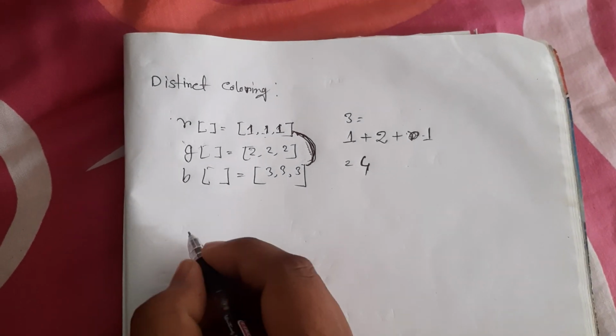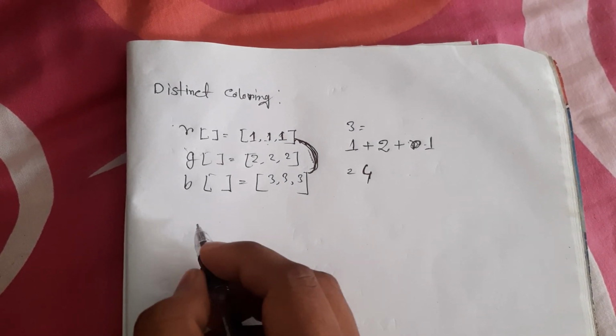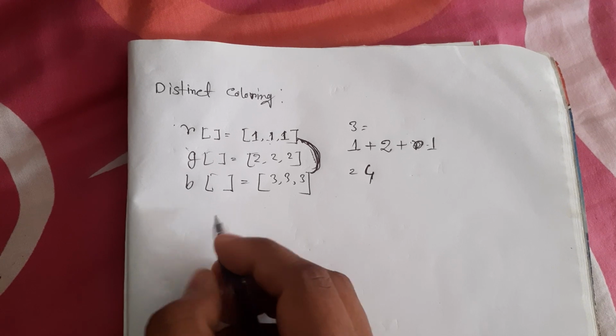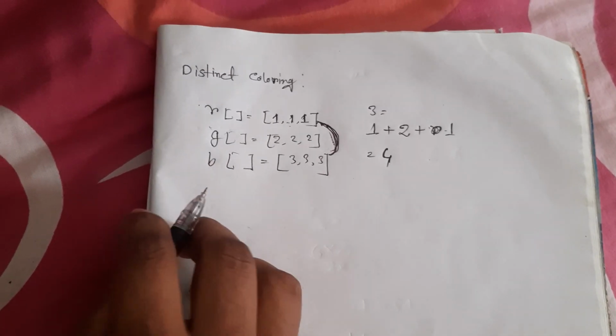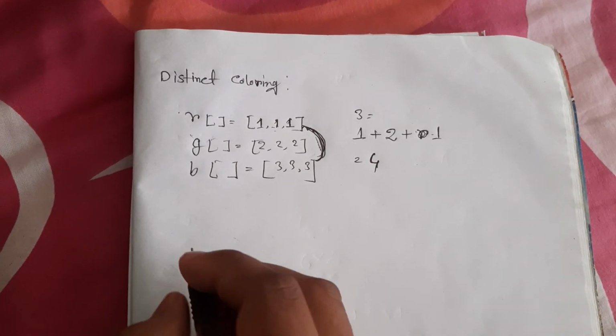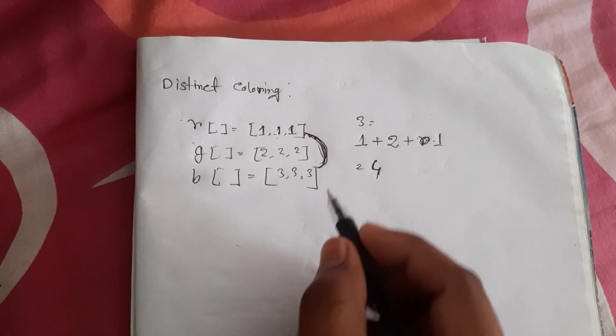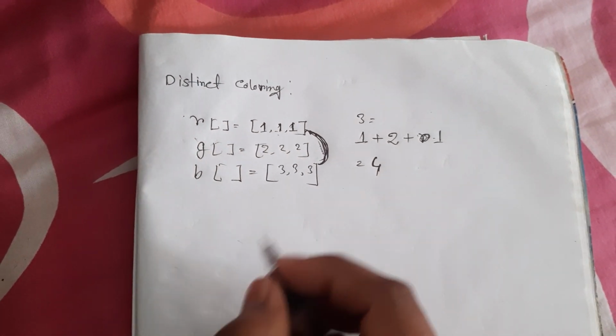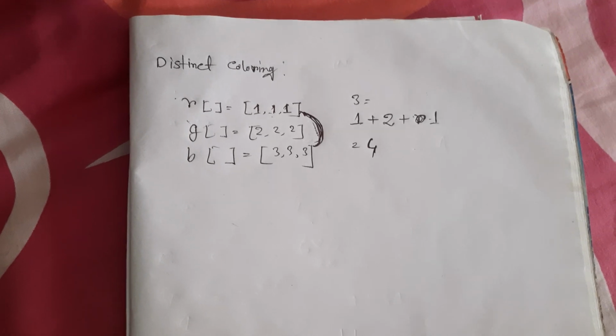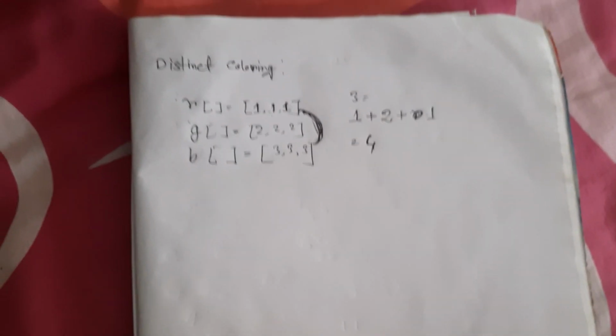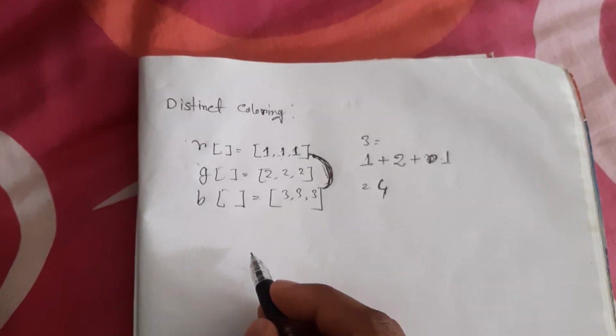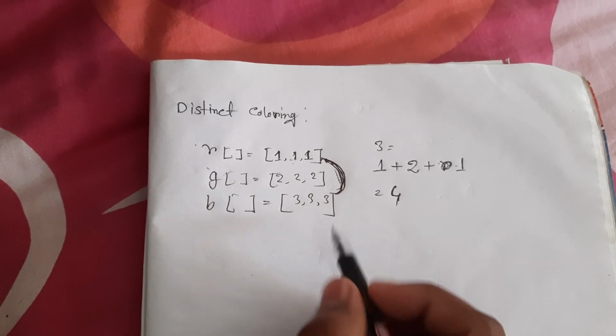So how can you identify whether there should be recursion or DP? Every time you can see that there are options.